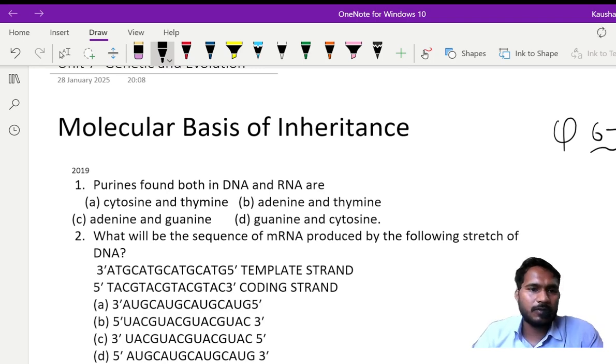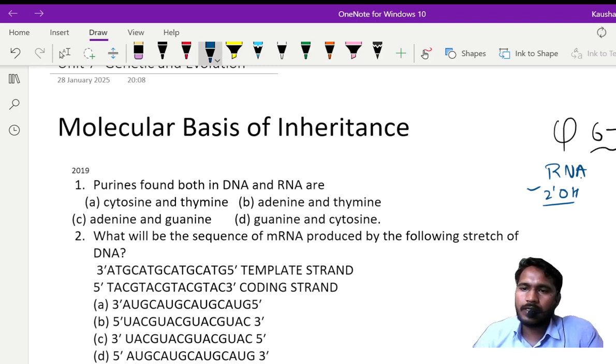So the first question is about purine from 2019. The question is: purines found in both DNA and RNA are cytosine and thymine, adenine and thymine, or adenine and guanine. So what is the difference between RNA and DNA? You must remember this is deoxy, which means there is a lack of the 2 prime OH, but in RNA the 2 prime OH will be there, and in DNA it is absent.